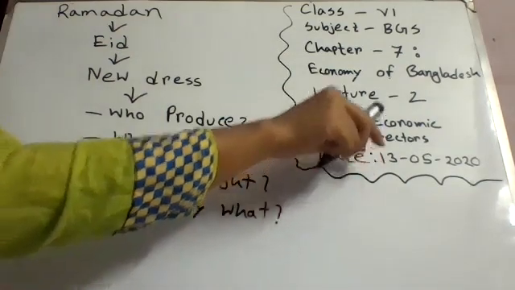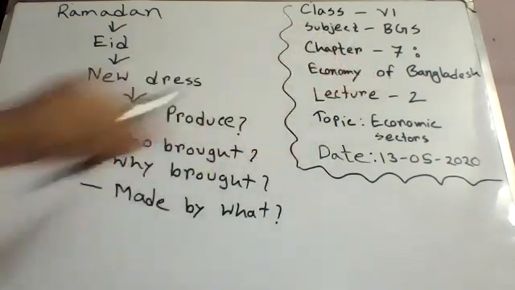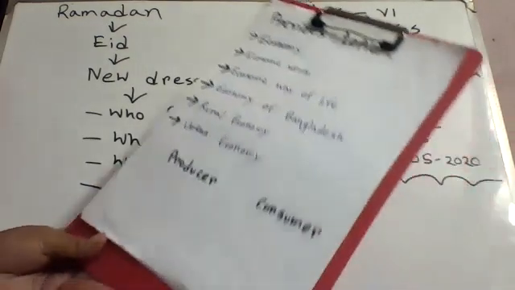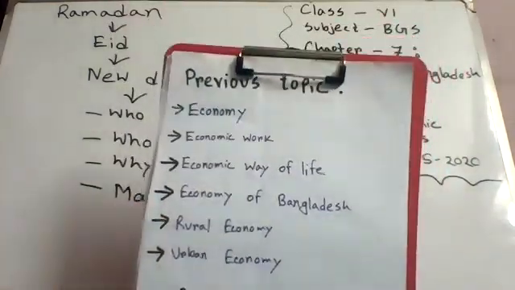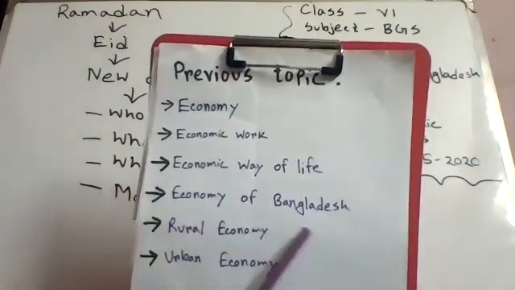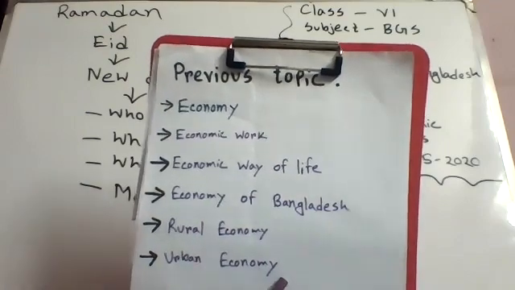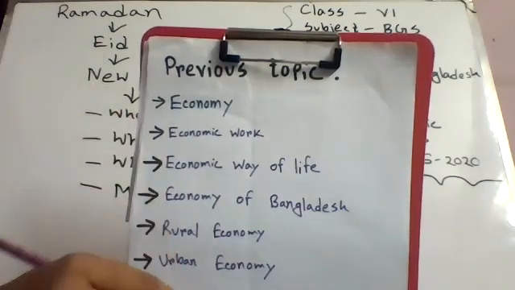Today is our second class of this chapter. In the previous class, we knew about our economy, economic work, economic way of life, economy of Bangladesh, rural economy, urban economy, and we had some homework.